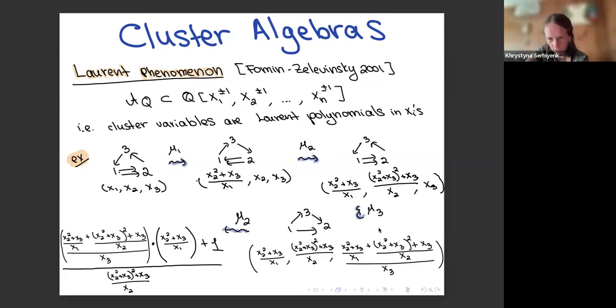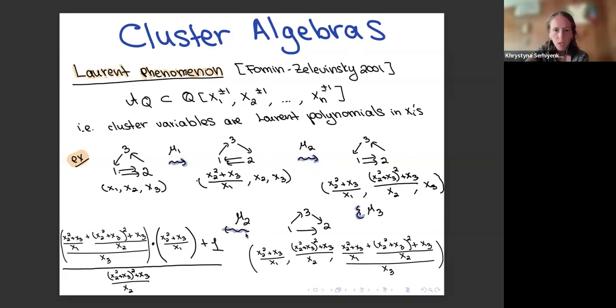If you mutate at vertex 3, this is the new variable you get at vertex 3. And you see, if you were to do some algebra to them and simplify, you would see that this is a Laurent polynomial because x3, it's the same as multiplying the numerator by 1 over x3. So the denominator would be x1 x3, x2 x3. So these are Laurent. The denominator is a monomial.